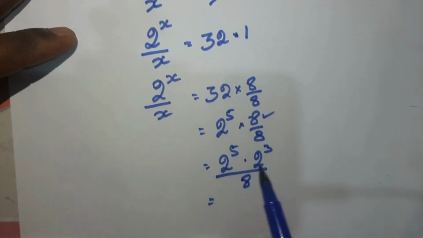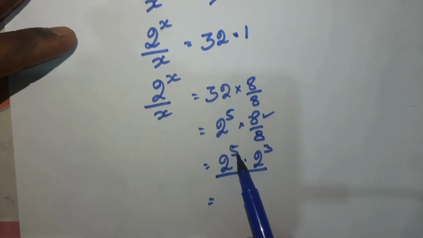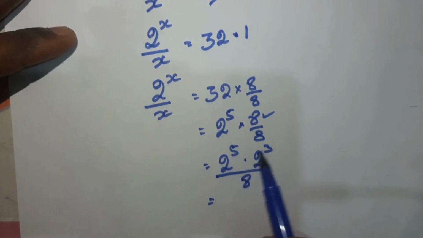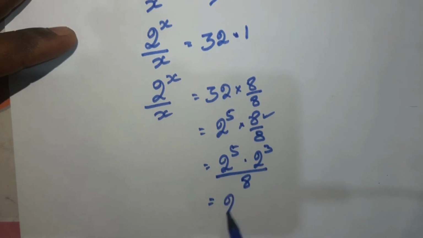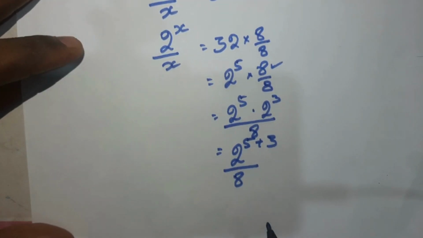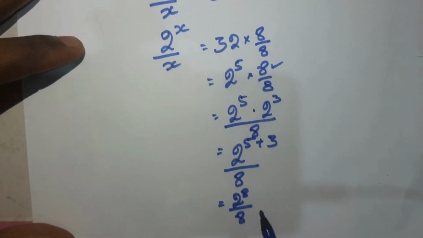Now since these are the same base, we can add the powers 5 plus 3. So 2 power of 5 plus 3, divided by 8, which means 2 power 8 divided by 8.